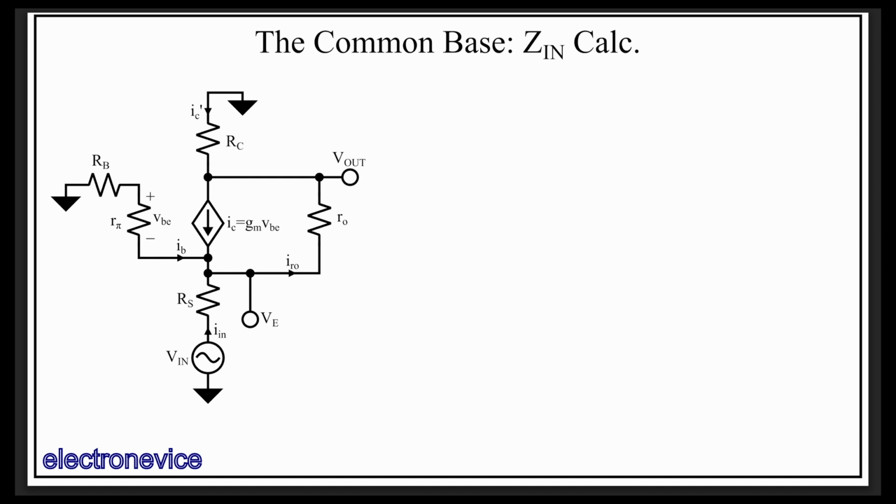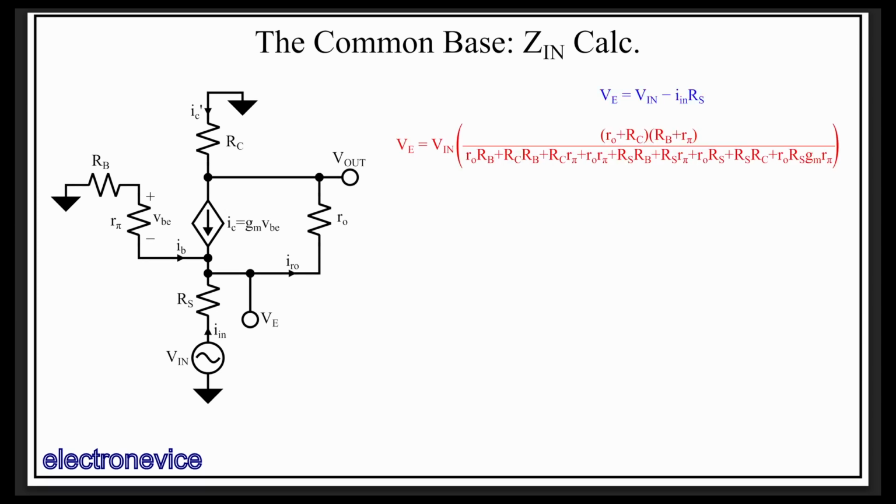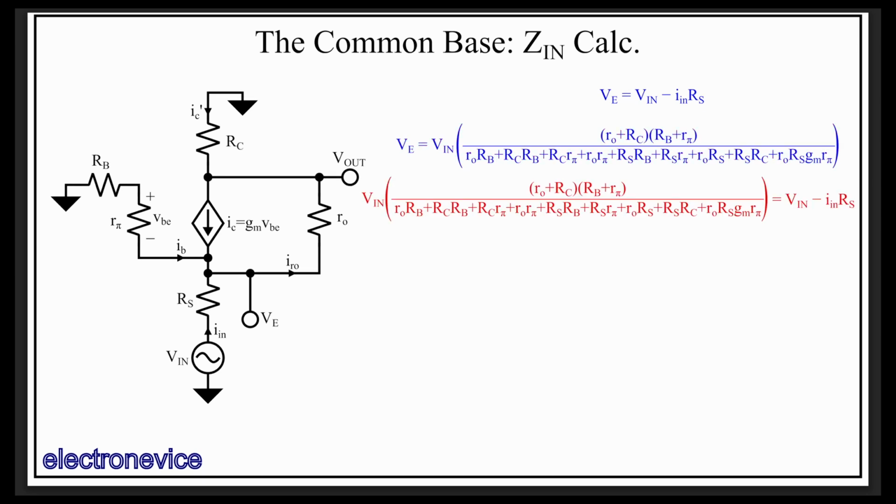We start by pulling an expression for Ve that I wrote during the gain computation, which is in terms of In, Vin, and RS. Then we recall the expression for Ve in terms of Vin and known constants, then substitute in this expression for Ve in the first expression, which gives us an equation in terms of known constants, Vin and In. So we just have to algebraically chew through this for a while.